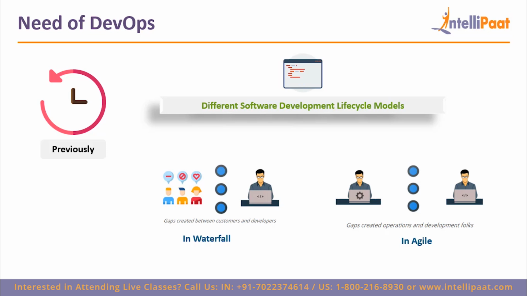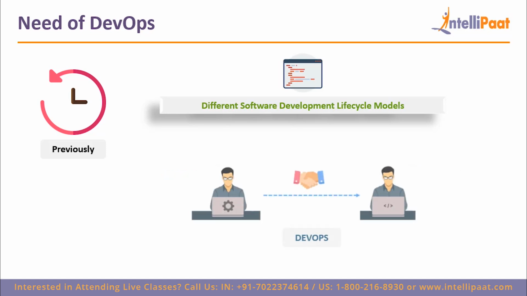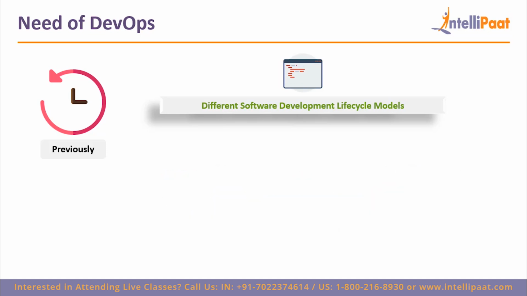So these types of gaps, about lack of communication between development and operation folks, were overcome by the introduction of the DevOps methodology. Guys, you can check out this diagram over here.